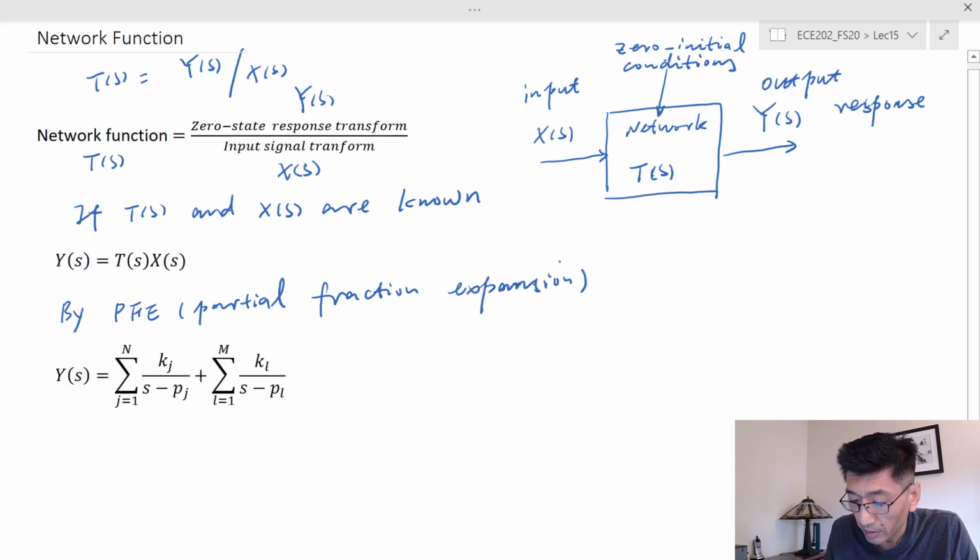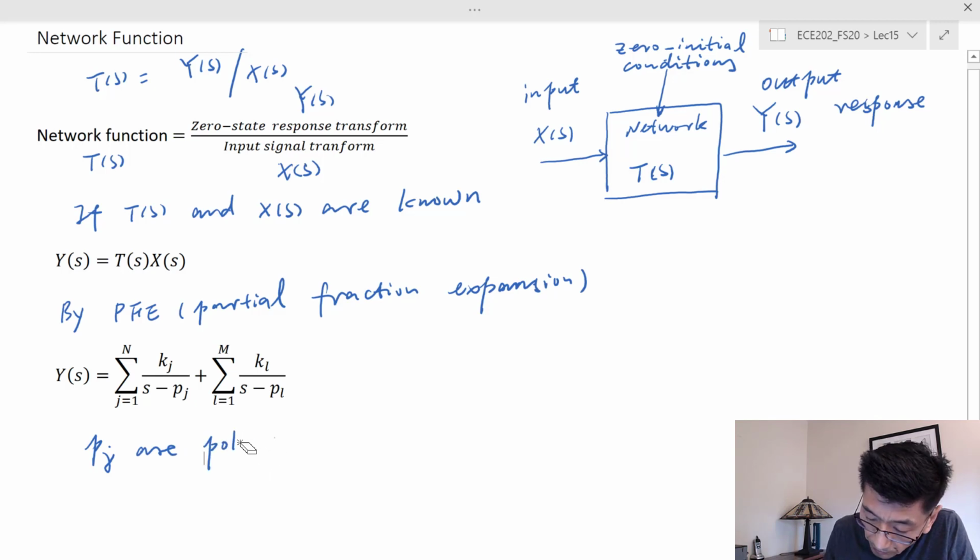We can write this in the form of the residues over s minus p_j. The p_j would be the poles of T(s), and p_L are the poles of X(s).